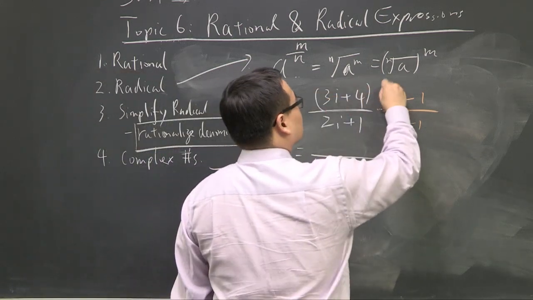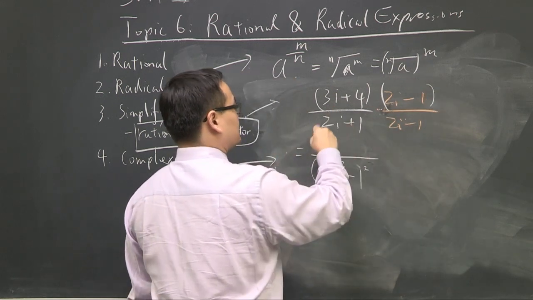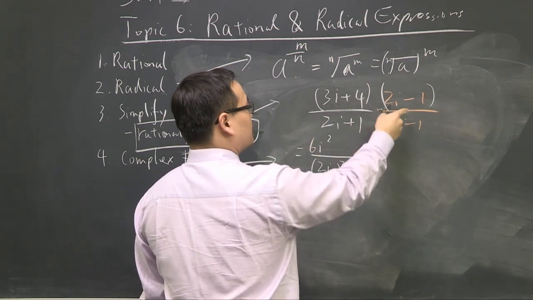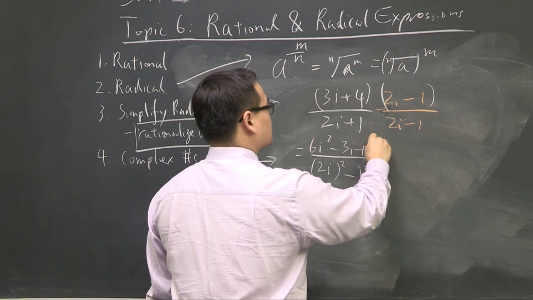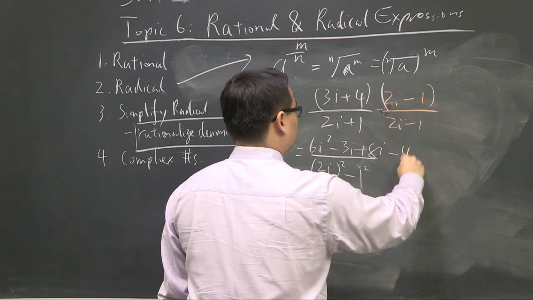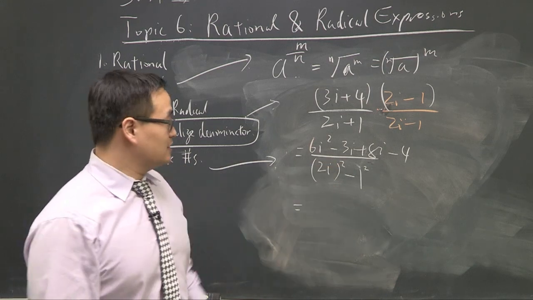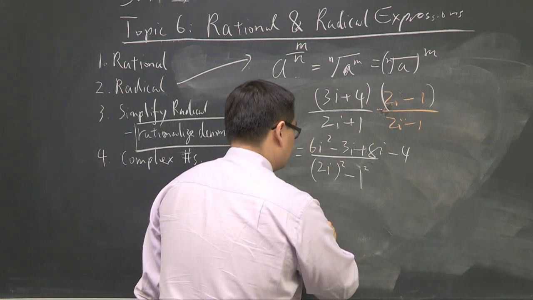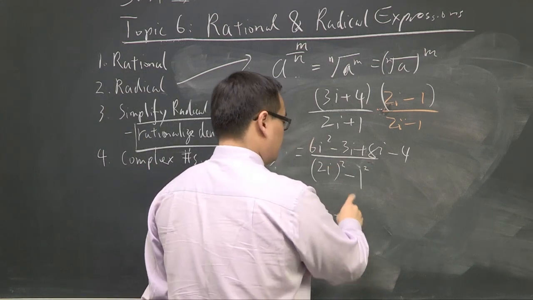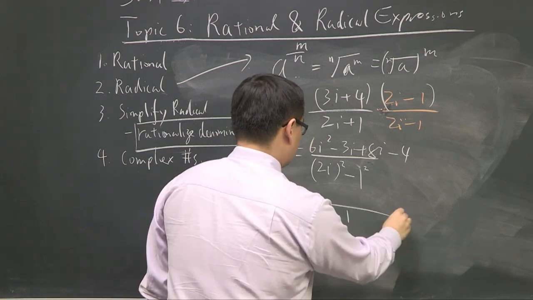On top, it gets slightly more complicated. You get 6i squared minus 3i plus 8i minus 4. Right? 2i squared. i squared is -1. So simply -2 minus 1. Right?